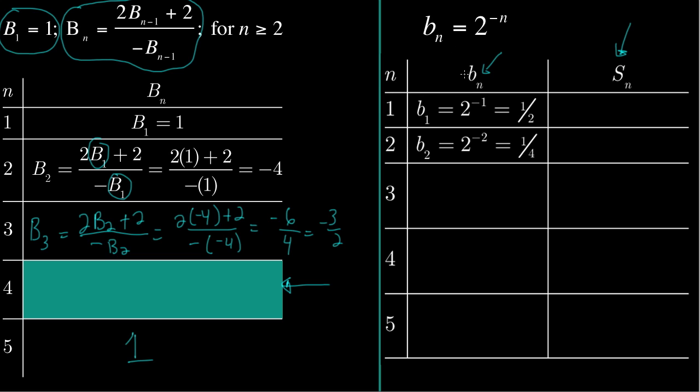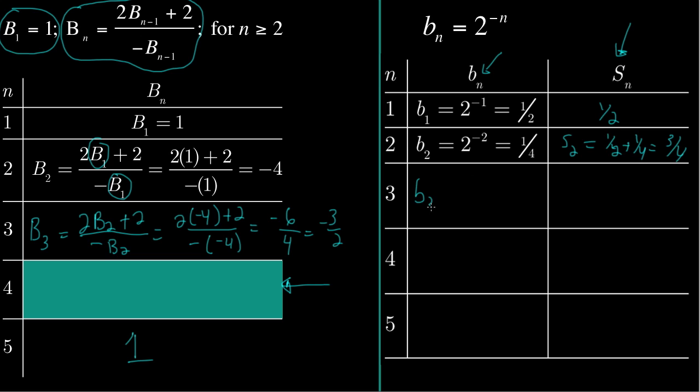So the first term, I'm going to plug 1 into my formula and get 2 to the -1, which is 1/2, and the sum of the first one term is 1/2. The second term, I'm going to plug 2 into my formula and get 1/4, and then the sum of the first two terms, s sub 2, is 1/2 plus 1/4, which is 3/4.